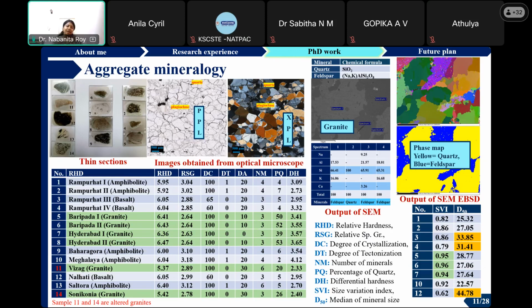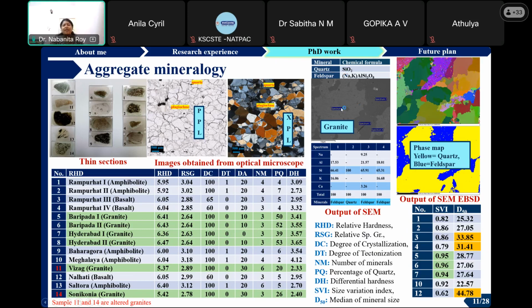Likewise, we got the information and could identify for all the sources the major mineral and the other minerals present. And I validated this information from the results of SEM, scanning electron microscope. You can see here, based on the chemical formula, there are spectrums, right? Four different spectrums.